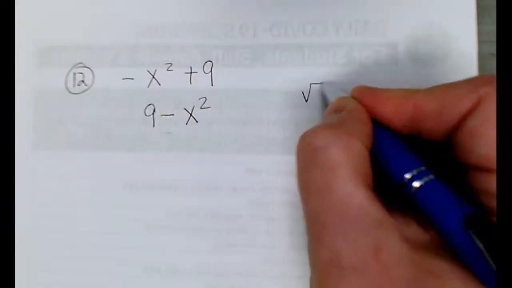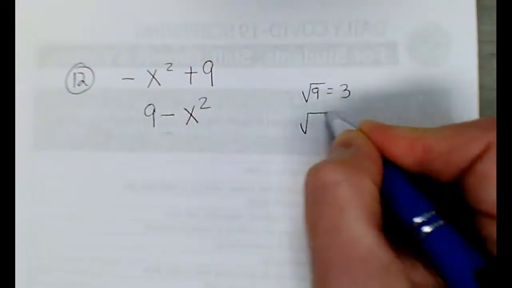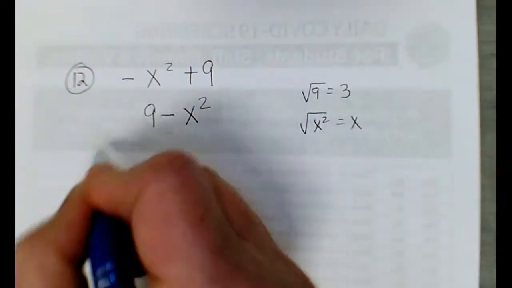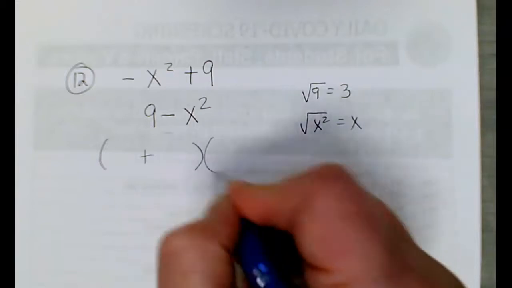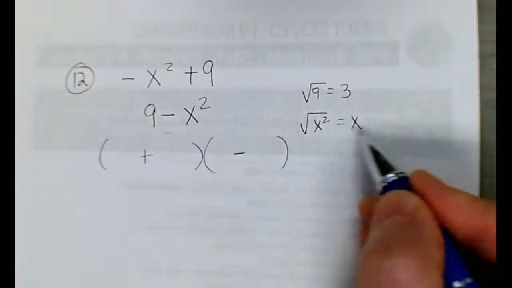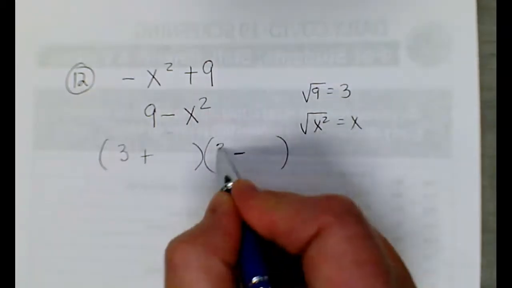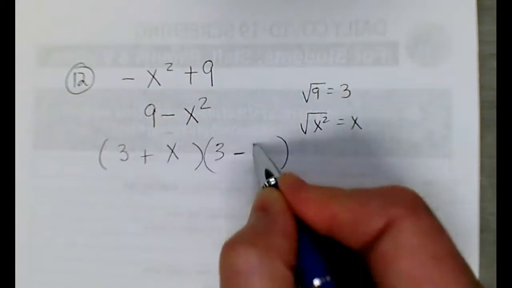Are there 2 terms, called a binomial, by the way? Are they perfect squares? And so this will factor. So this will be 3 times 3 is 9, and x times x is x squared.